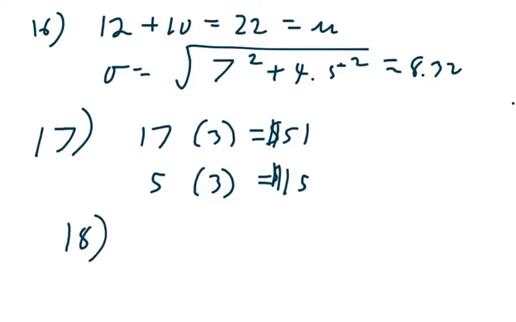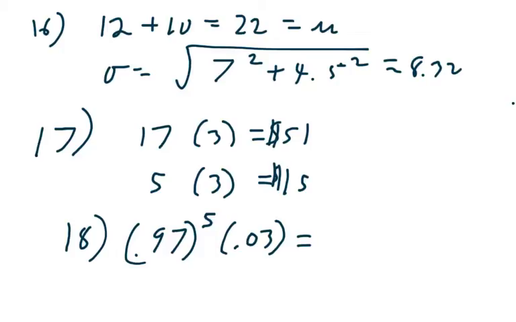Problem number 18, the first one is a success, the second one is a success, the third one is a success, the fourth one is a success, fifth one is a success. So 97% of the time we have successes on those first 5, and then I'm going to multiply it by 0.03 for the last one.